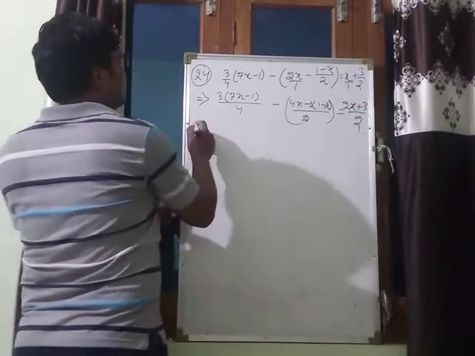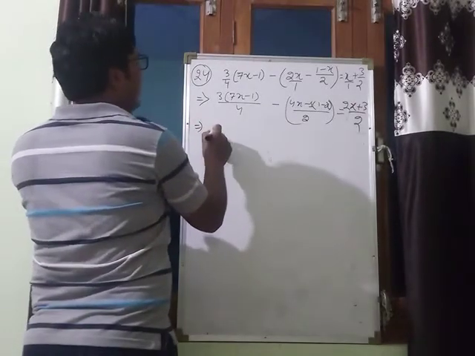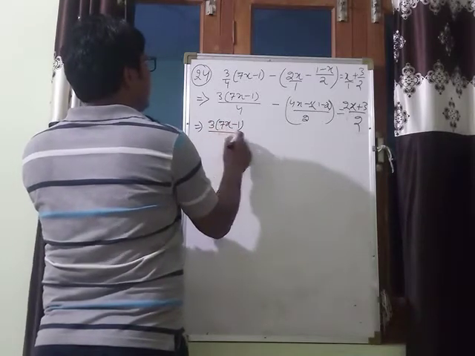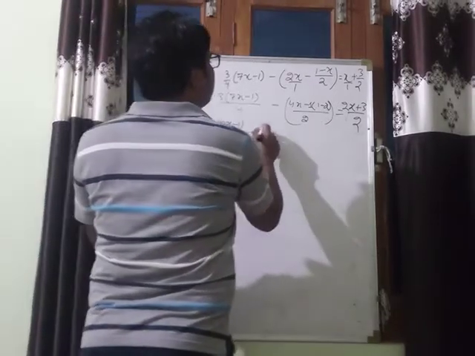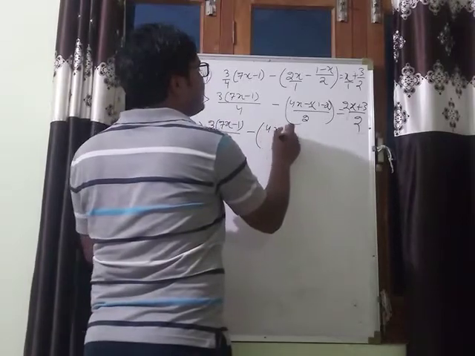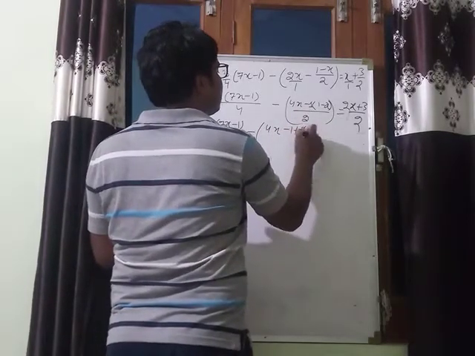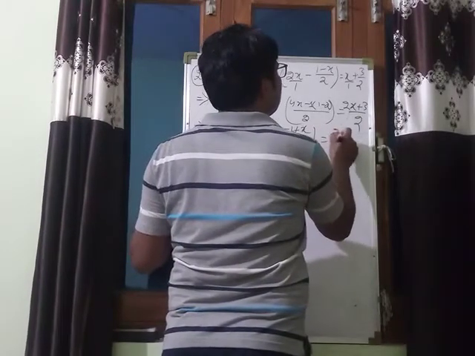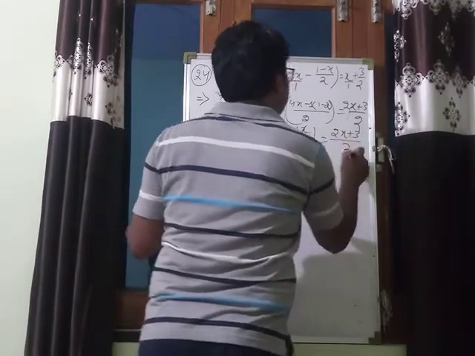Okay. So it will be 3 times (7x minus 1) by 4 minus (4x minus 1 plus x) by 2 equal to (2x plus 3) by 2.